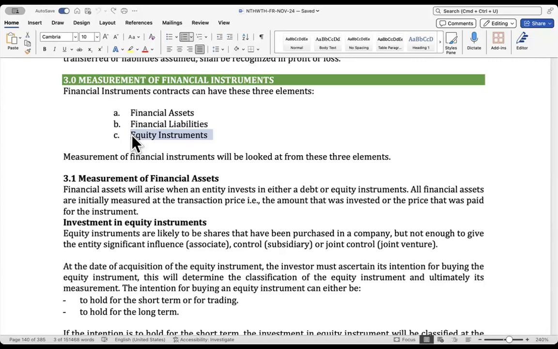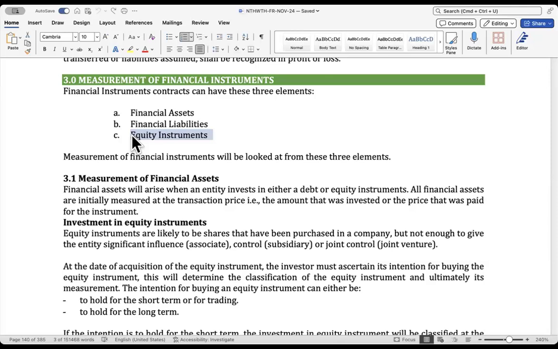And where do you get nominal value? You get nominal value from the CAC documents of the company. So usually when you pick up a CAC document, you would always see what the nominal value is. So share capital is always measured at that.